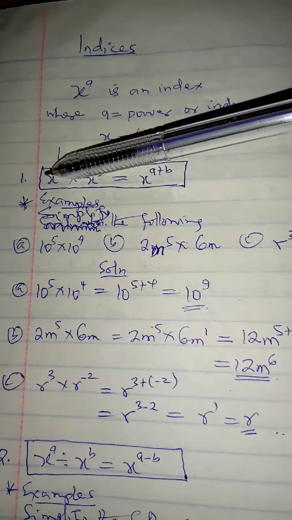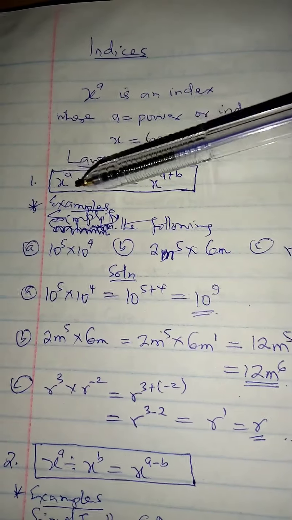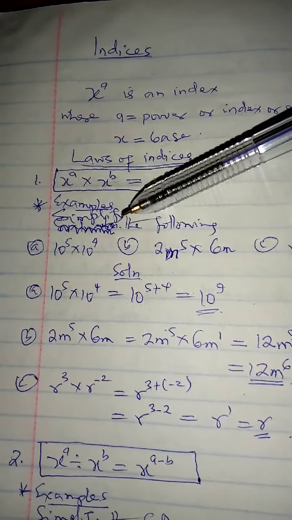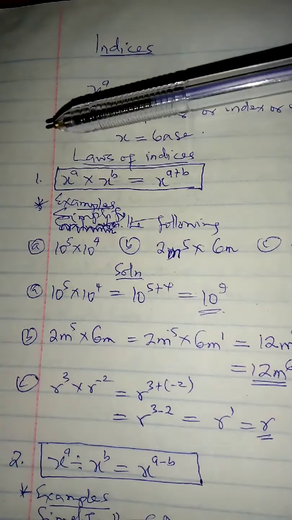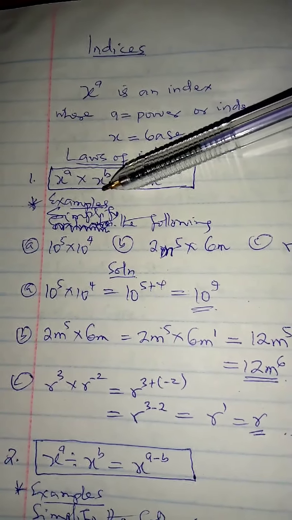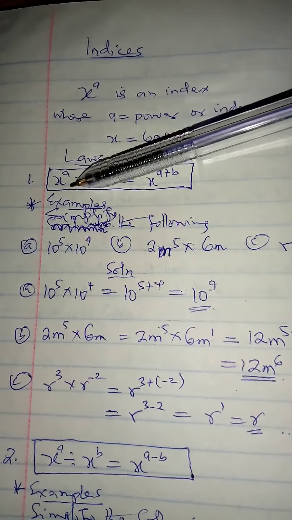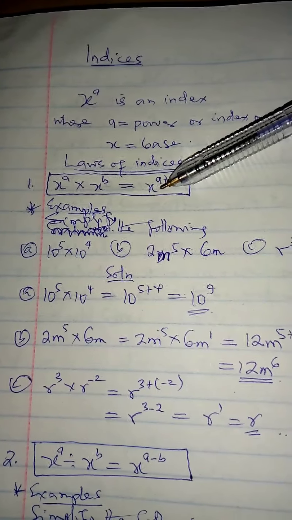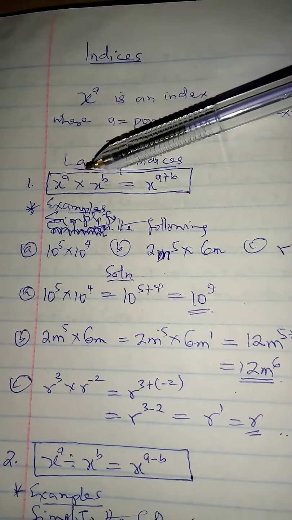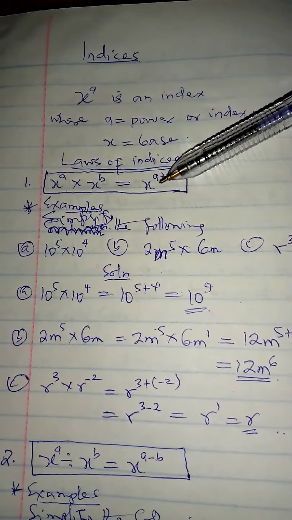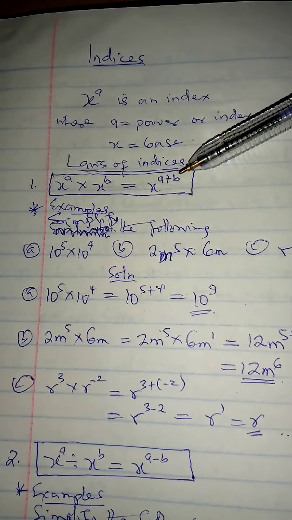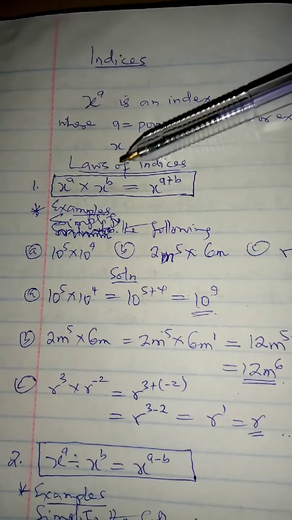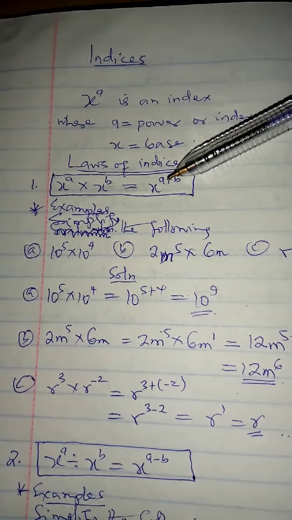The first one is when you multiply two indices with the same base, like in this case, x raised to power A times x raised to power B. You see the bases are same. You write one base, then you add the powers to have x raised to power A plus B. Therefore, x raised to power A times x raised to power B is x raised to power A plus B.